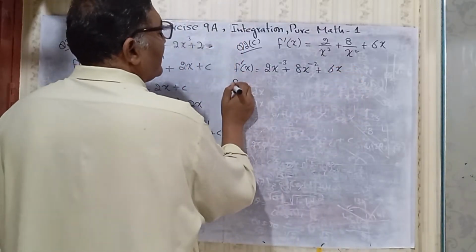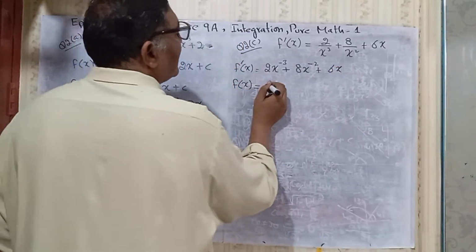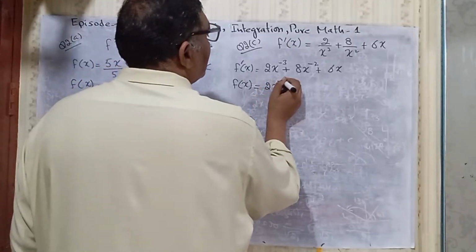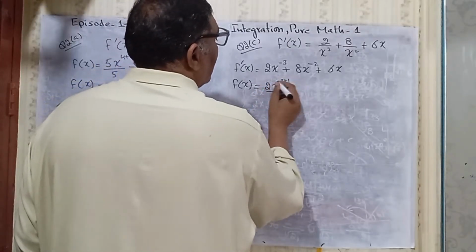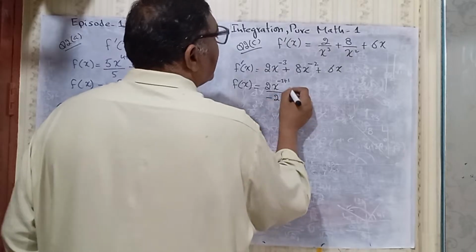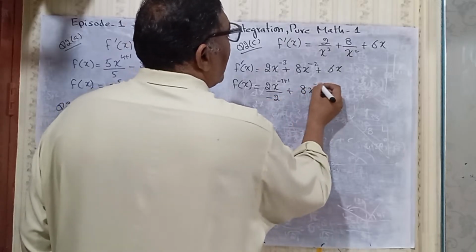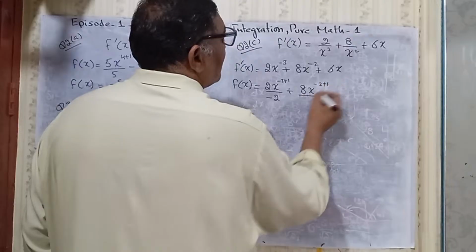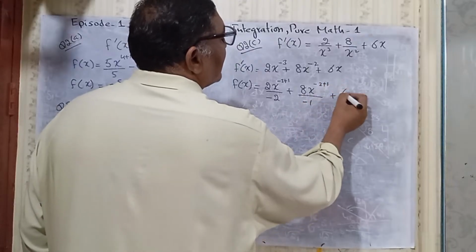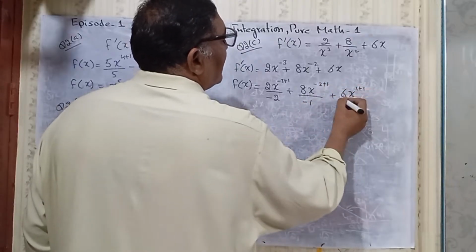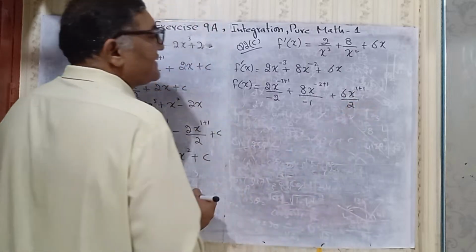Now I can integrate. I will write f(x). This will become 2, and the power is increased by 1; whatever the answer is, you divide by it. Then 8, the power is increased by 1, so minus 1. Plus 6, the power is increased by 1 and you divide by the same power.